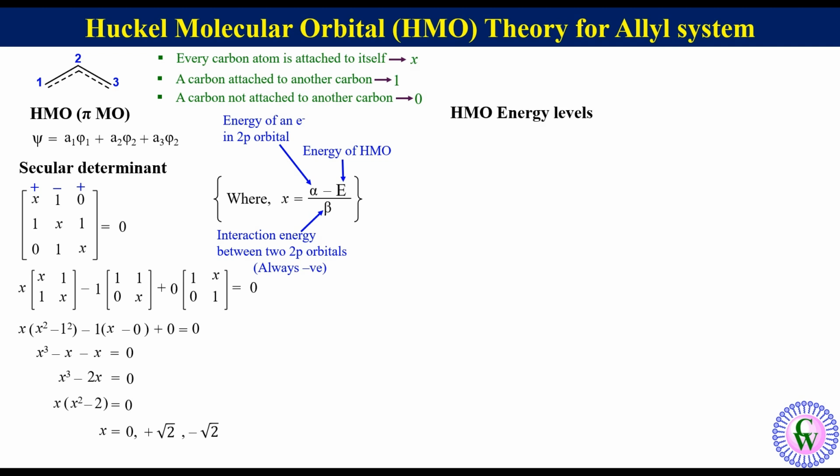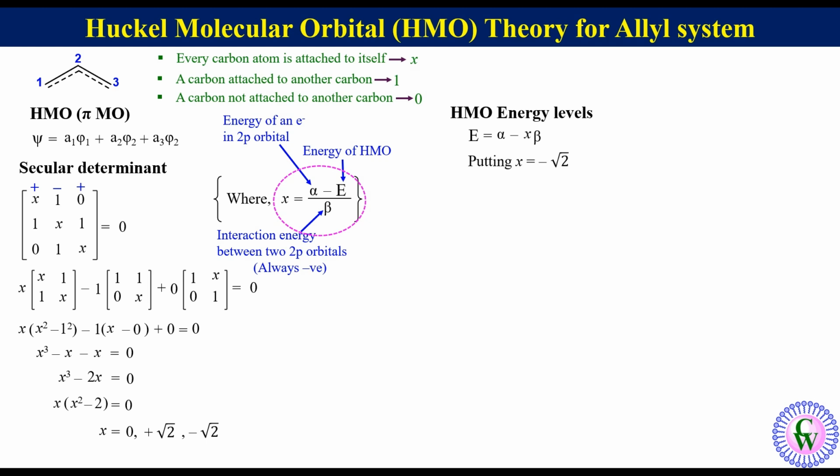Huckel molecular orbital energy levels. This equation can be rearranged as E is equal to alpha minus x beta. Since there are three values of x, minus root 2, 0 and plus root 2, so there will be three Huckel molecular orbital energy levels.